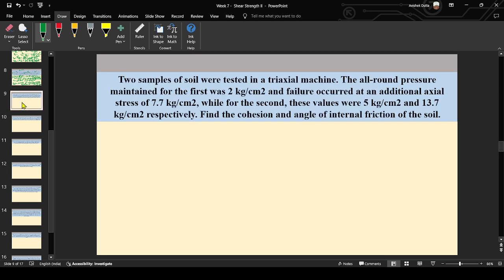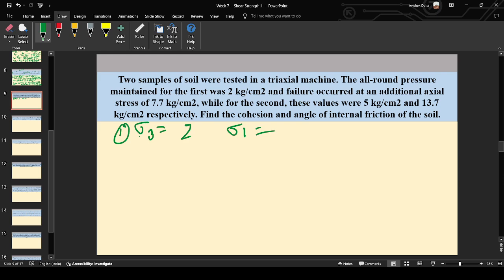Two samples of a soil tested in a triaxial testing machine all round. Okay, so in this question, the first is 2, 7.7, 5, 13.7. So now, in the first test, sigma 3 equals to 2, sigma 1 additional axial stress.